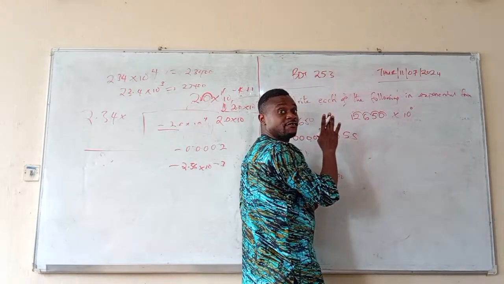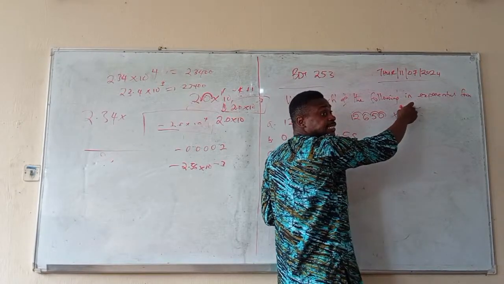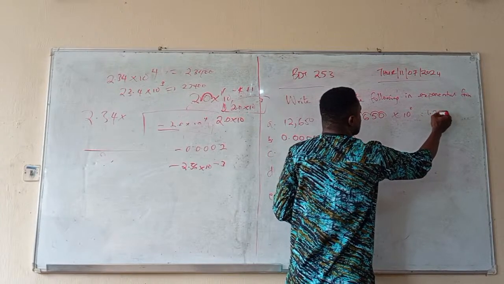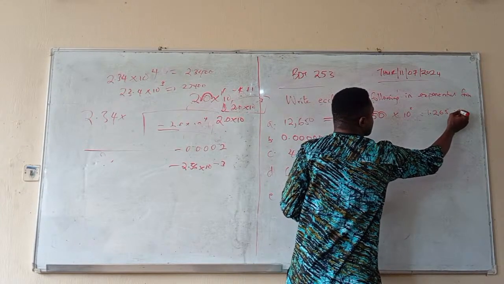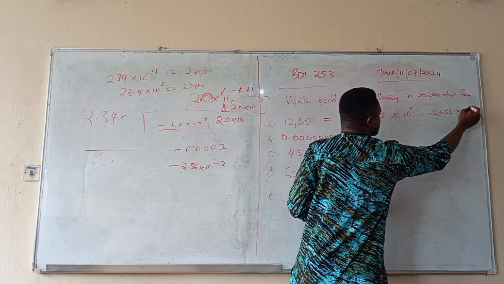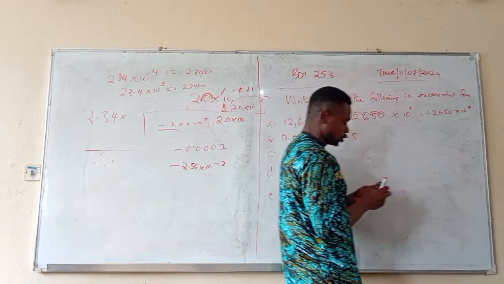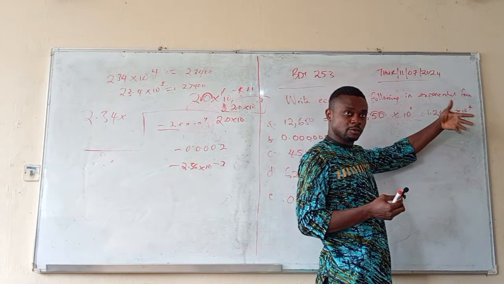We are getting the form we are looking for. So the answer is what? That 4, we add it to this 0. So we have 1.265 times this power 4. Are we together? Because there's a decimal point, you can do away with this 0.